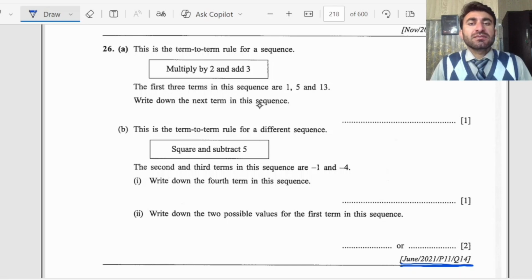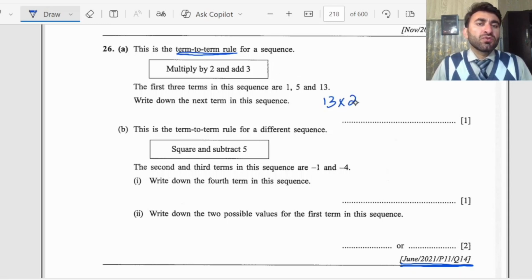Write down the next term of this sequence. Remember, this is the term to term rule for the sequence. So, in order to generate the next term, it will be 13 times 2, which becomes 26, and then we add 3 to it, so it becomes 29. 29 is the next term of this sequence.